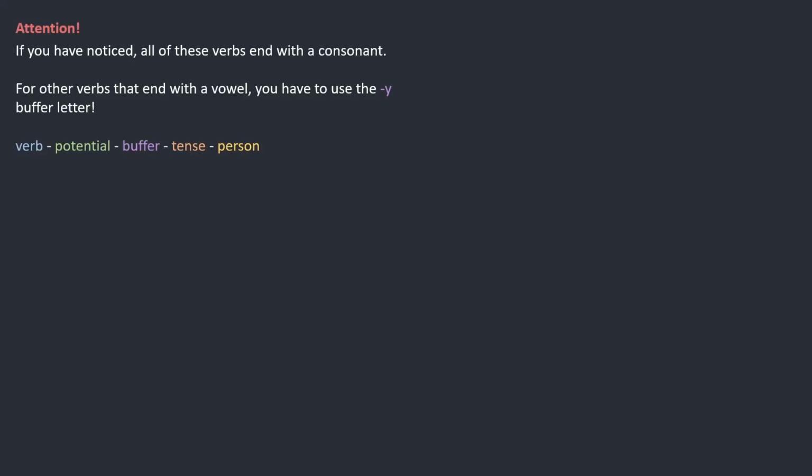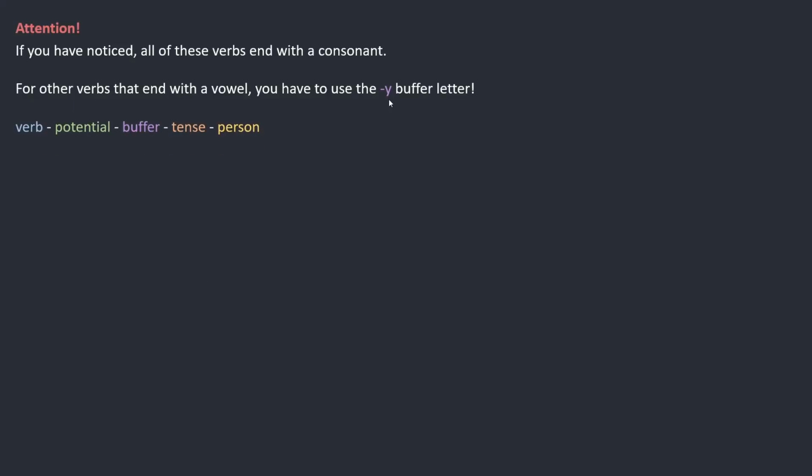But what about the other verbs? What about these other verbs that end with a vowel? In that case, we add this y suffix. So we have verb, potential, buffer, tense, person.